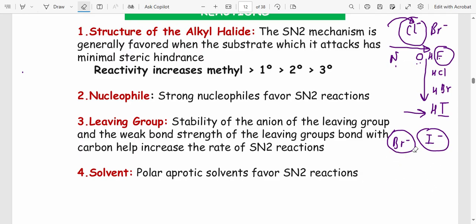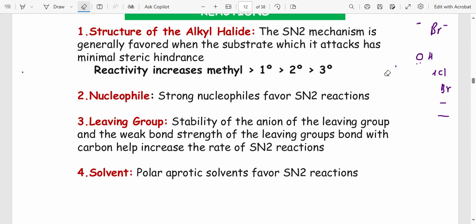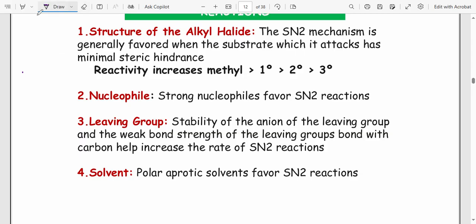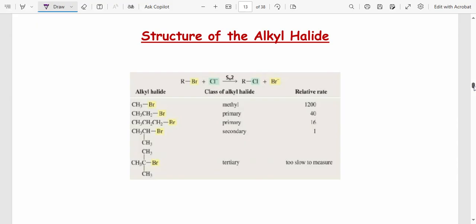Aprotic means that it doesn't have protons. It should not form hydrogen bonds. Okay, so those that don't form hydrogen bonds are going to end up favoring SN2 reactions. You need to know the reason why it is polar aprotic that is favored.